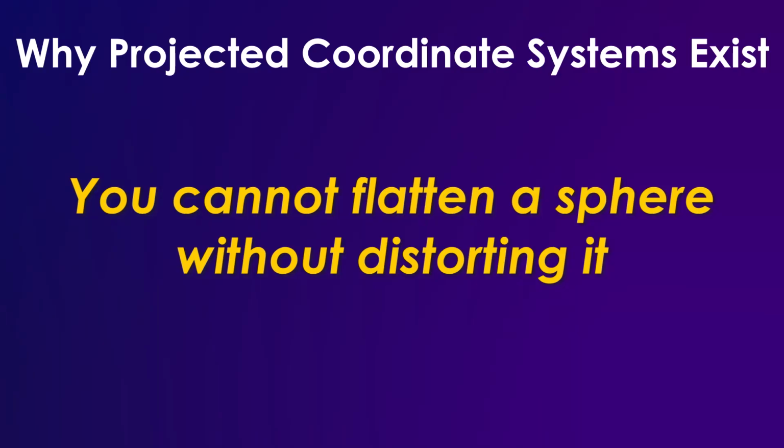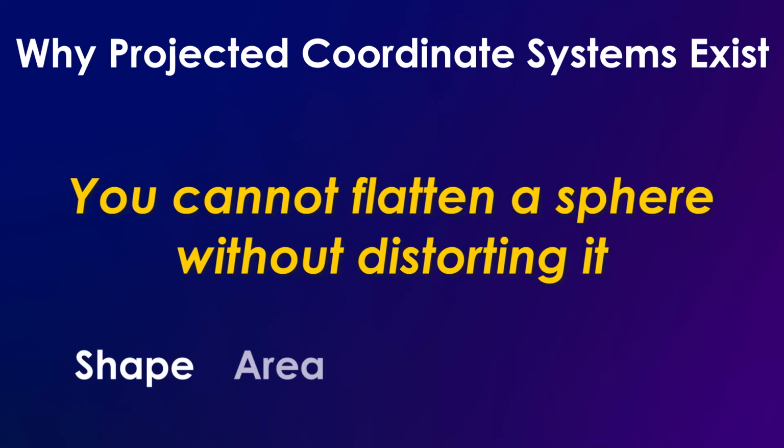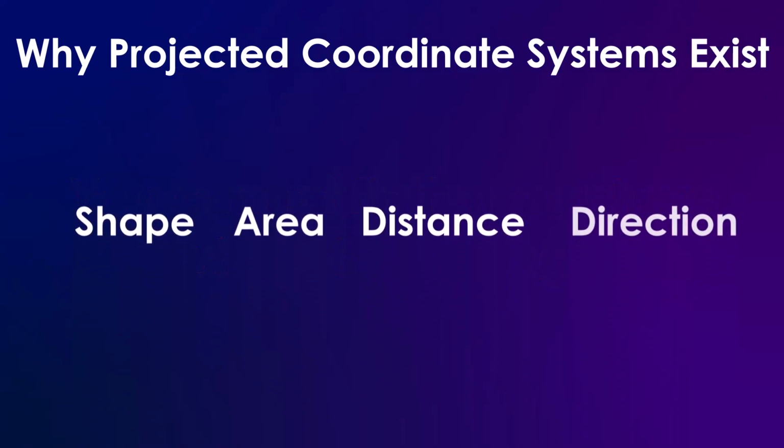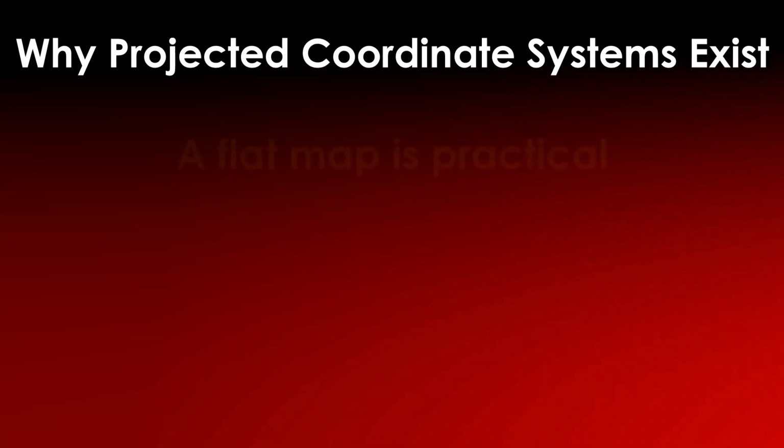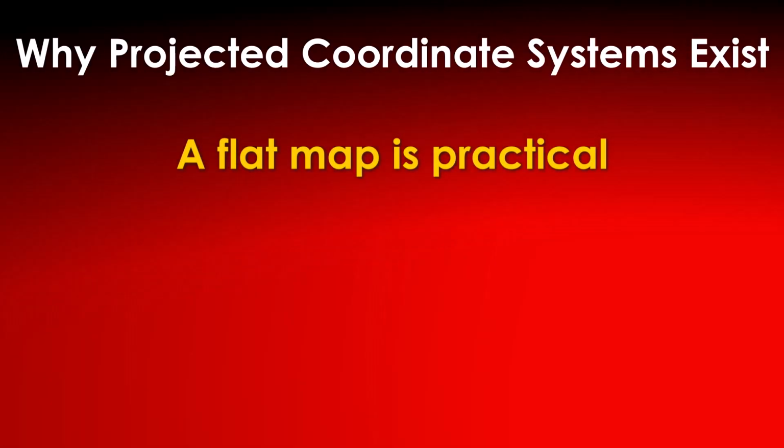Recall that the projection process can introduce distortions, typically those of shape, area, distance, and direction. When you project Earth coordinates onto a flat plane, you will distort at least one of those properties, and often more than one. If projections always distort something, why do we use them at all? Because a flat map is enormously practical.